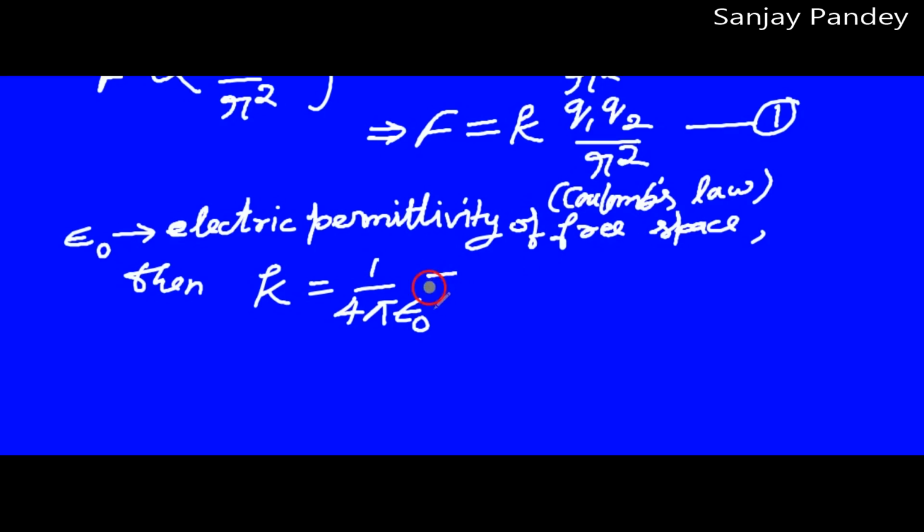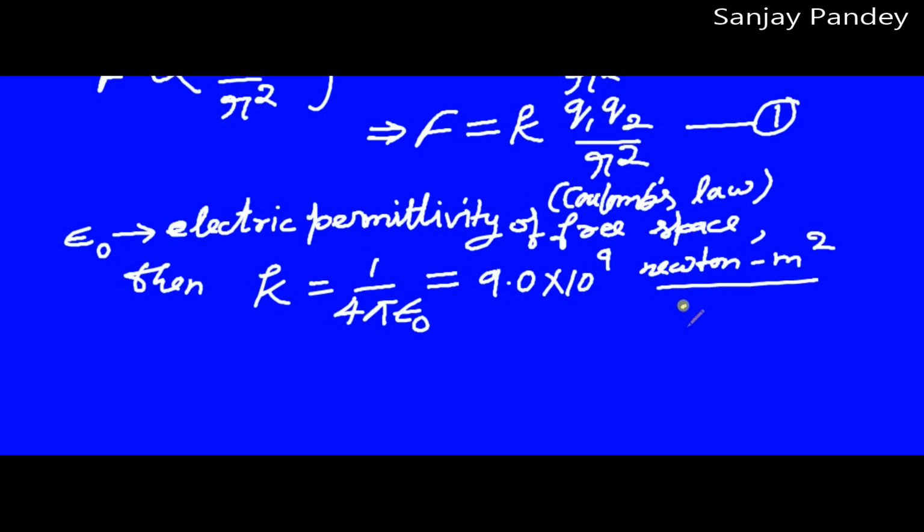The numeric value of K is 9.0 into 10 to power 9 Newton meter square upon Coulomb square.